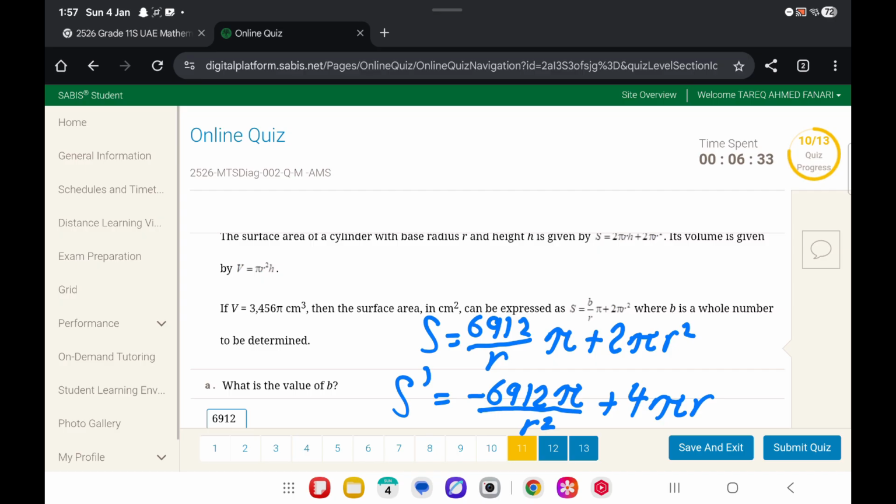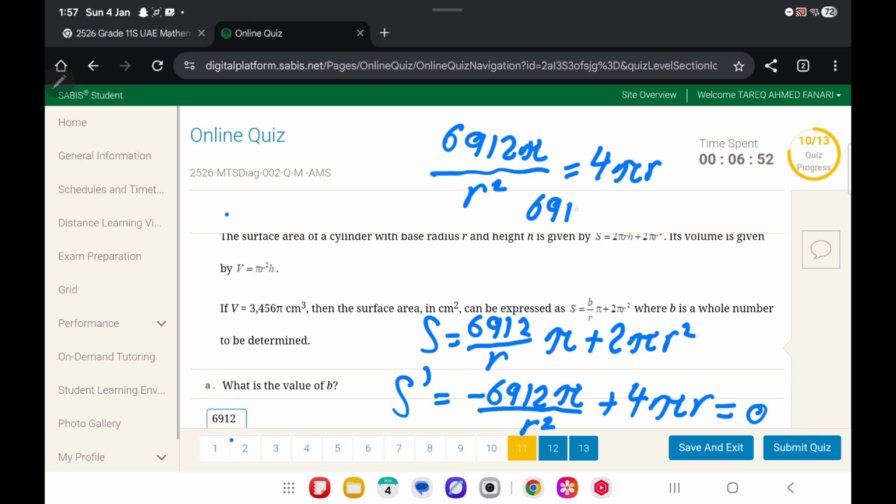And since it's equal to 0 at stationary points, 6912 pi over r squared is equal to 4 pi r. That's it. So that means that 6912 pi is equal to 4 pi r cubed, right?